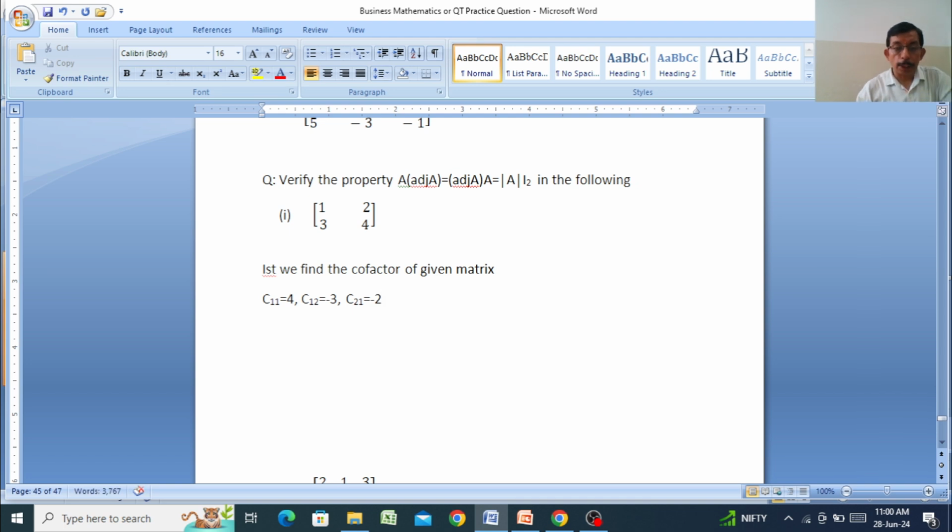The cofactor is minus 2. Now the last, C22 is equal to, second row, second column cancel out, the value of cofactor is 1.